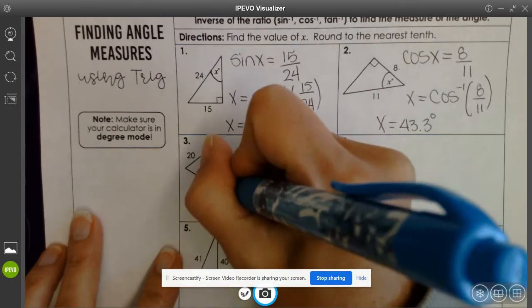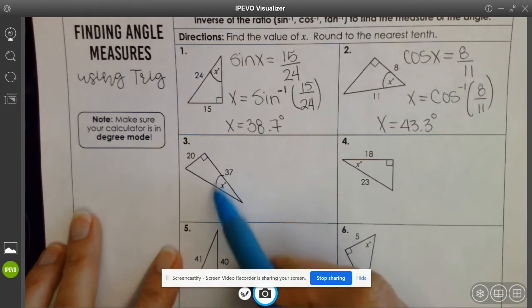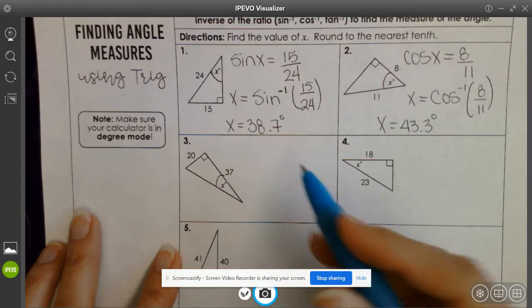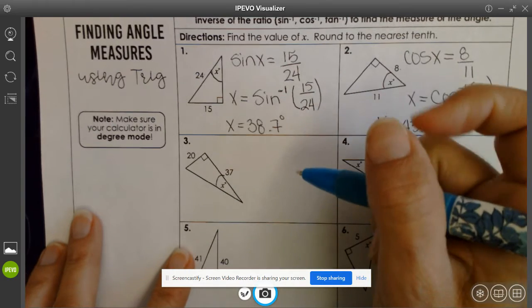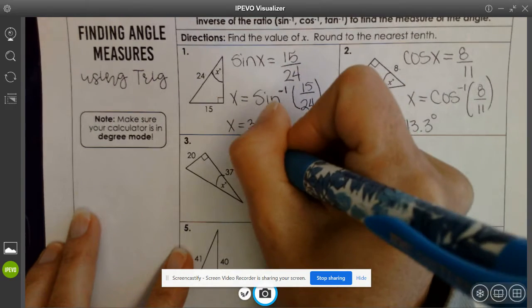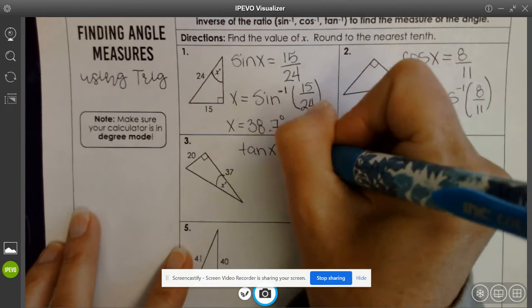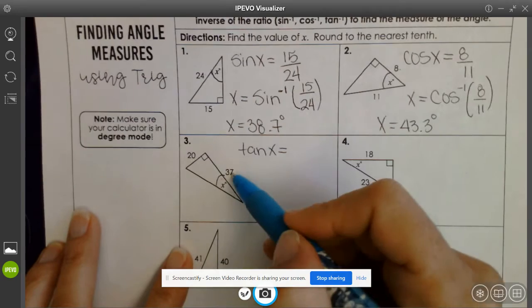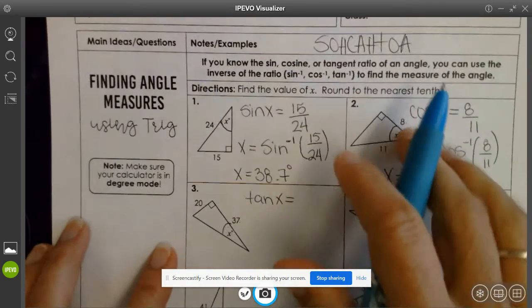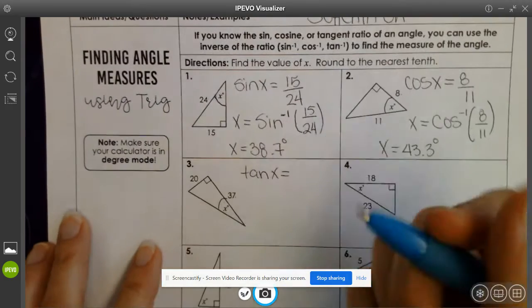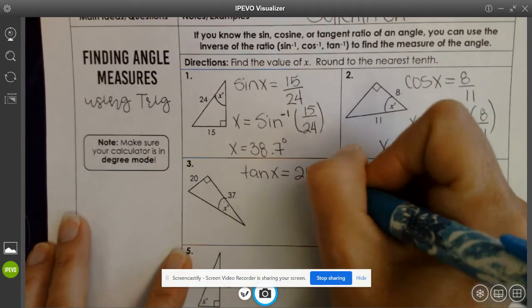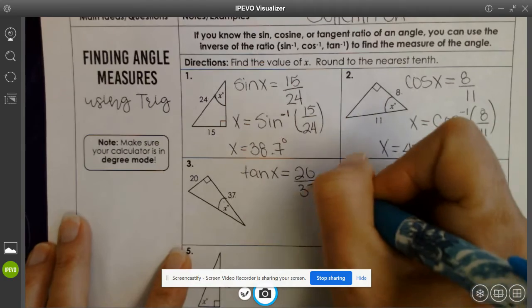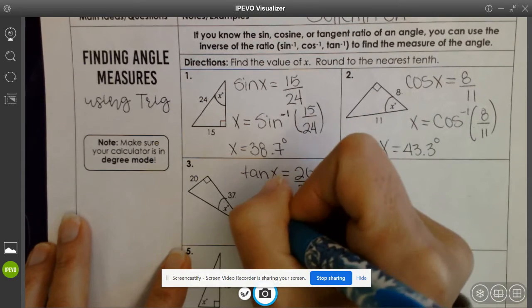Let's do another one. So we know this one is tangent. And how do I know so fast? There's nothing on the hypotenuse. That tells me that it's definitely tangent. So tangent of x equals opposite over adjacent, so that is opposite 20 over adjacent 37. Well, let's put this in the calculator.